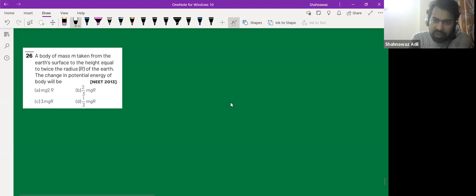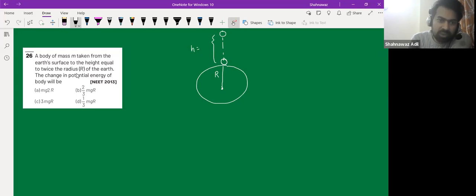What is given in this case? We are moving this object from the Earth's surface to a certain height, and this height is equal to twice the radius of the Earth.